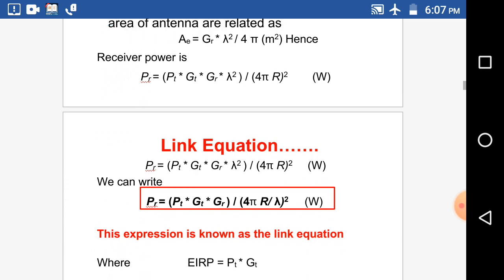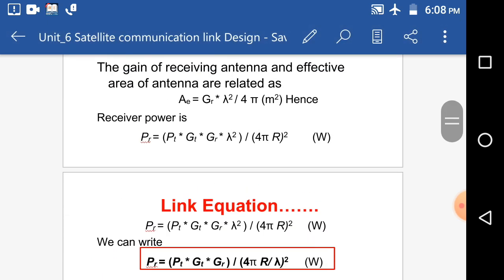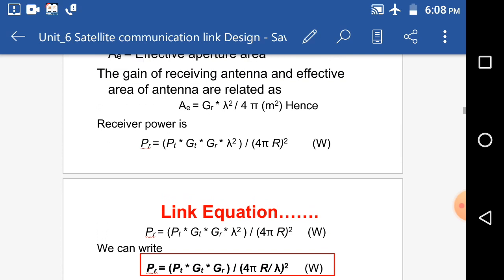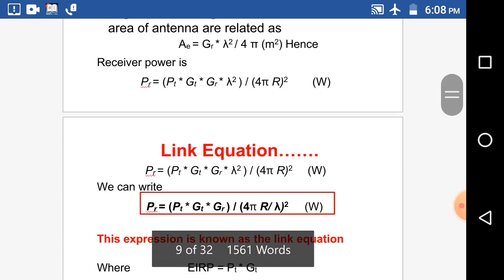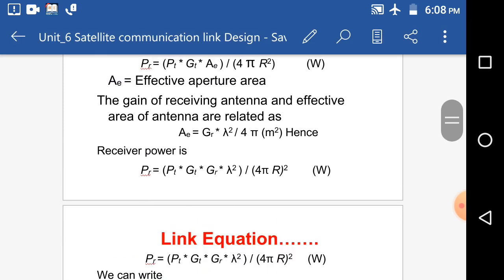If I put this formula in the previous equation, my modified equation is PR equals PT times GT times GR times lambda square divided by (4 pi r) whole square.